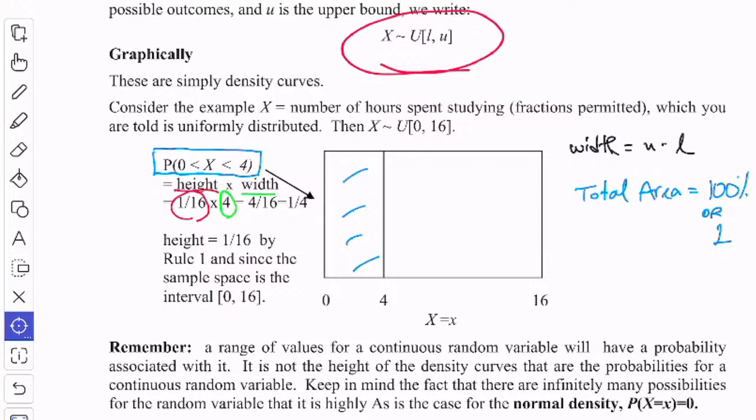To figure out the height, we know that about the whole thing. I don't necessarily know at this moment how much this is, but I know the whole thing must be 1. And how would I get that? Area is equal to height times width. The height is what I want.